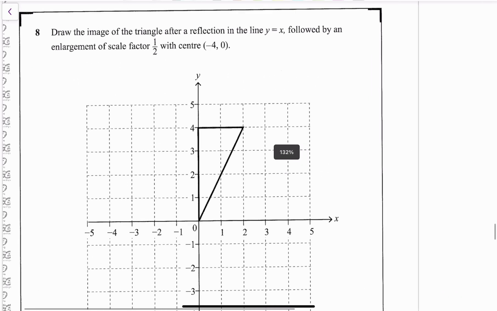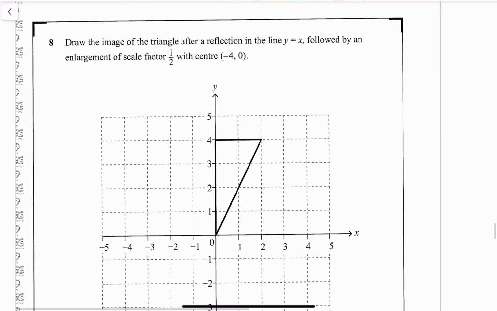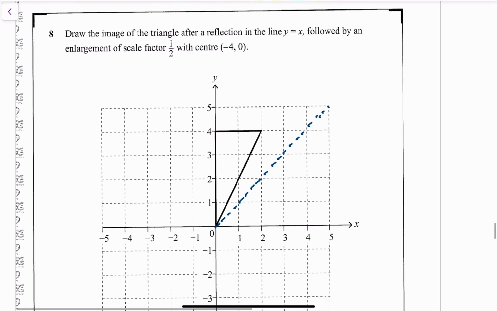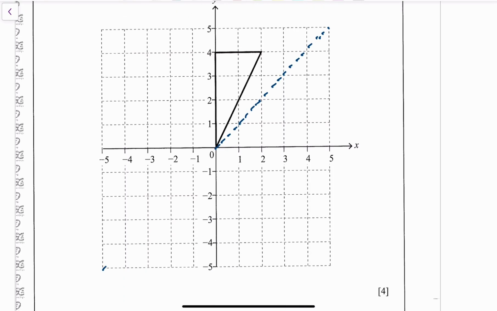Okay, an unusual question here. It says, draw the image of a triangle after reflection of the line y equals x, followed by an enlargement. It's not very often they do this, where there's like the 2 transformations coming on, so a bit unusual. So first of all, draw the image of a triangle after reflection of the line y equals x. Again, not an easy thing for me to show here, but this point goes where it is.